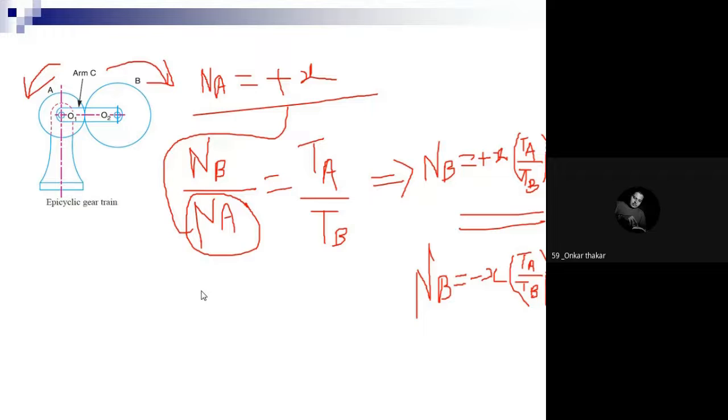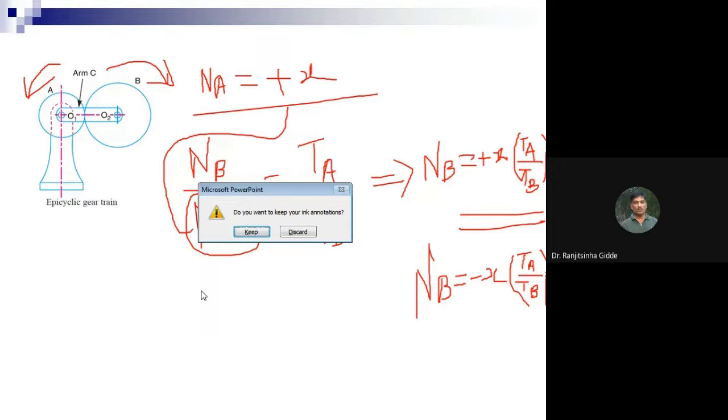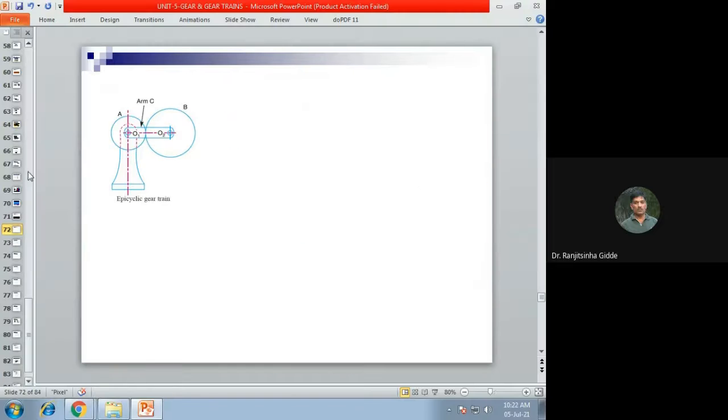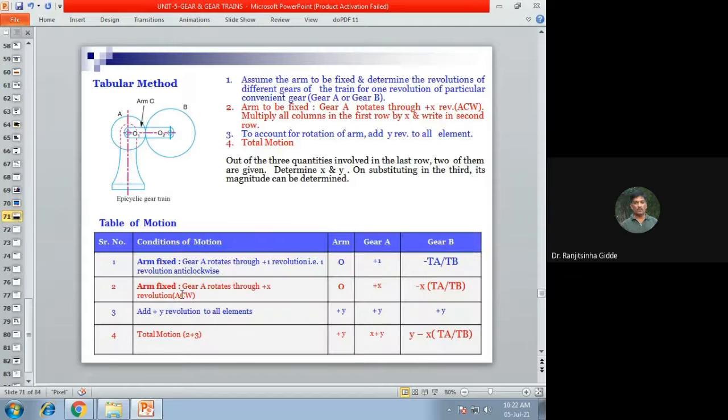Yes, sir. Okay. So now this second row we have completed. Then what is the third row? Once you are able to write the first row, the second row is again the simplest step. Then the third row, again it is the simplest step.